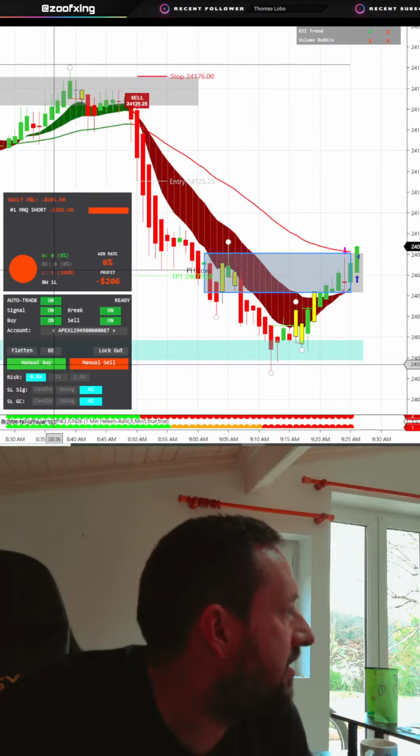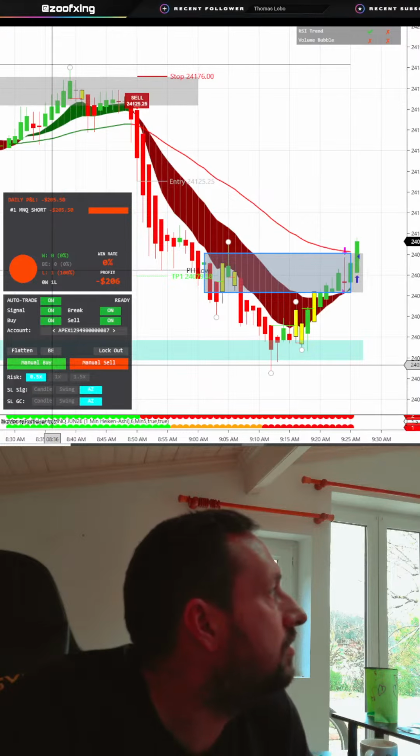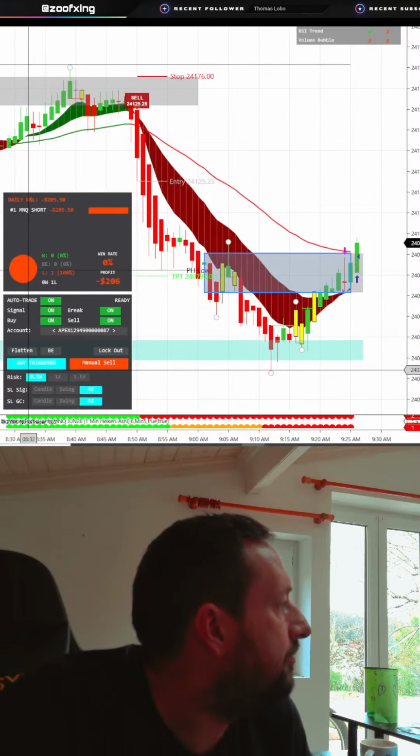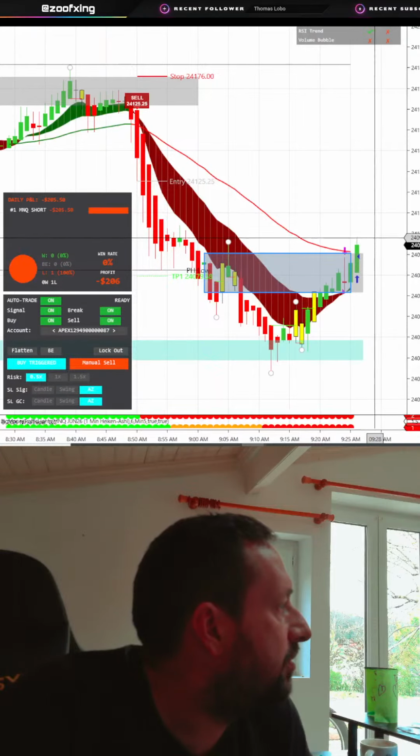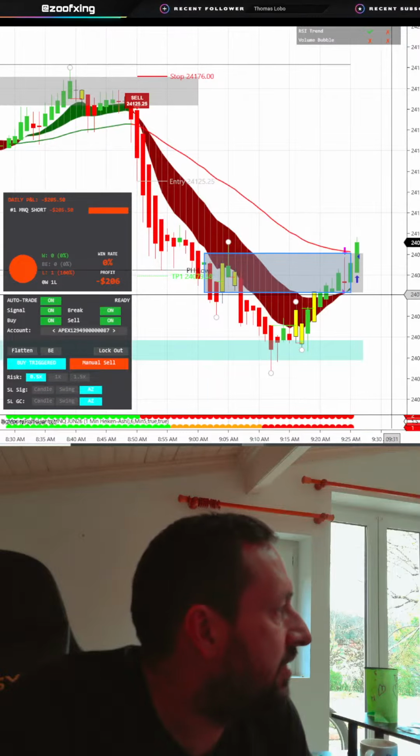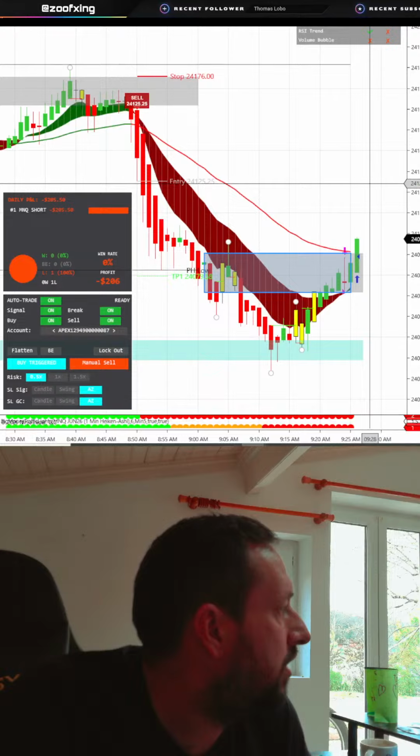So we can do the same thing again the other way, right? So if we do a manual buy, or what have I got going? We'll do a manual buy. We'll do the same thing, right? Stop will come above the high. Sorry, entry will go above the high. Stop will go below the alpha zone. Targeting 1R.